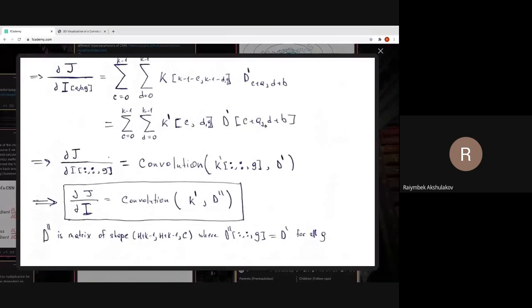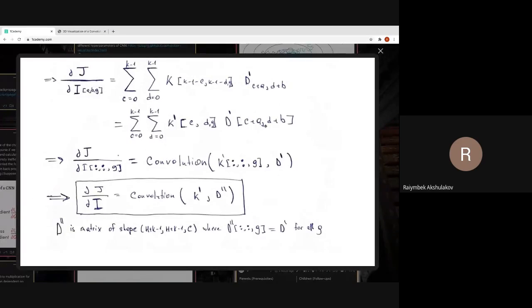And as you would remember, this is a form of a convolution. So now we can conclude that for the current channel, the gradient of the image is just a convolution of the rotated kernel with the padded D. Before we were talking about full convolution, and it's the same thing: if we pad D, we get the normal convolution, or the full convolution.